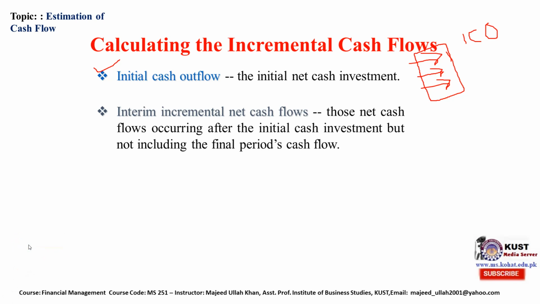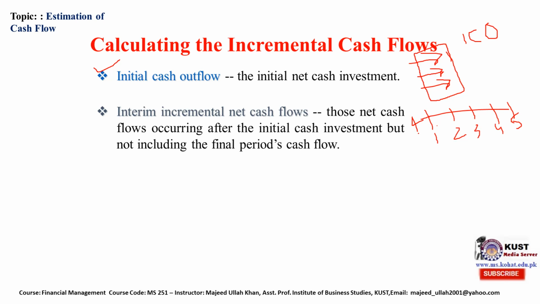Second, for each year, if the asset has a life of more than one accounting period, let's suppose a 5-year project, so 1, 2, 3, 4, and 5, we will calculate incremental cash flow.